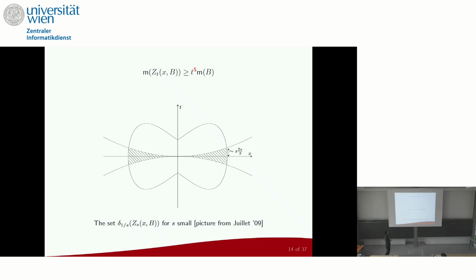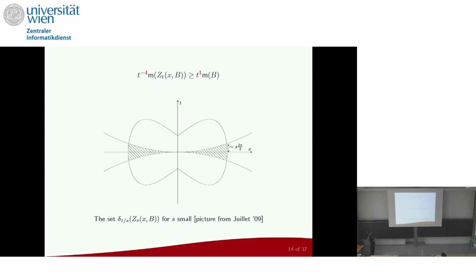And I want to give a small justification to understand why this 5 is the correct number. So take this t to the power 5, write it as t to the power 4 times t, and put the t on the other side. And then you can plug the t to the minus 4 inside the set by using this dilation, right?